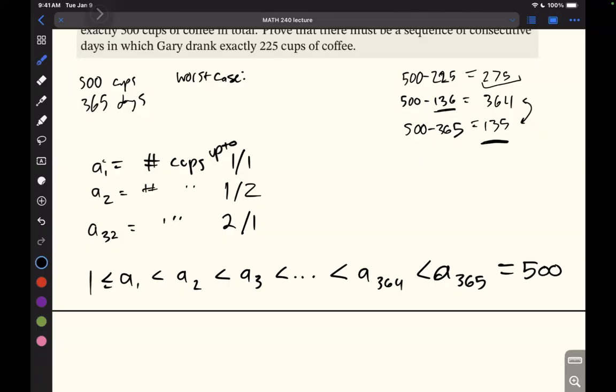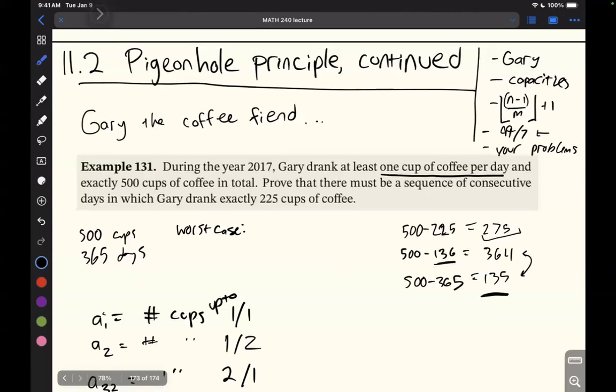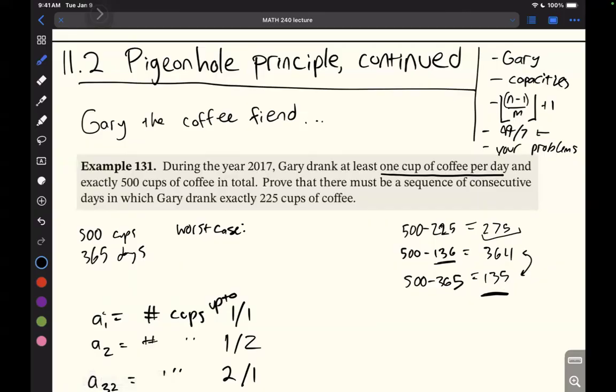And on the left-hand side, we have 1 is less than or equal to A1 because on January 1st, he drinks at least 1 cup of coffee, maybe more. At least 1 cup of coffee per day, exactly 500 cups of coffee total.